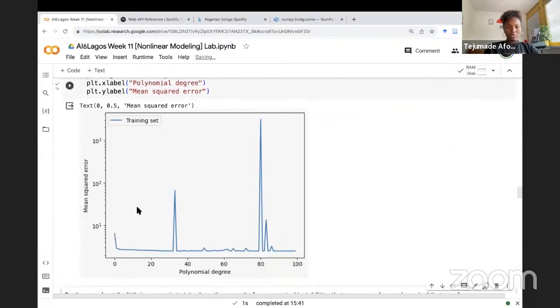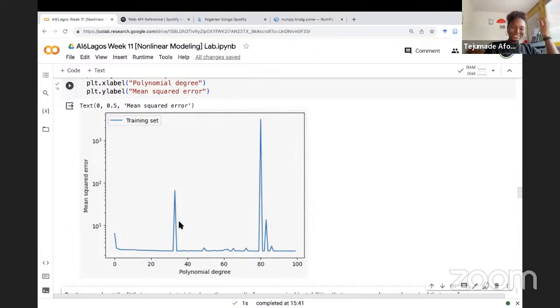It still doesn't show well because of this spiky thing going on here. Anyway, the train error naturally should always go down. You should not be having this spike there. This is nonsensical. As you increase the polynomial degree, things should not just be increasing at some point.